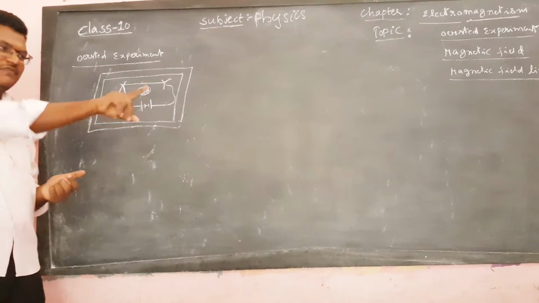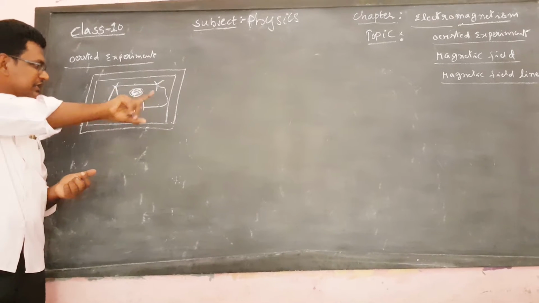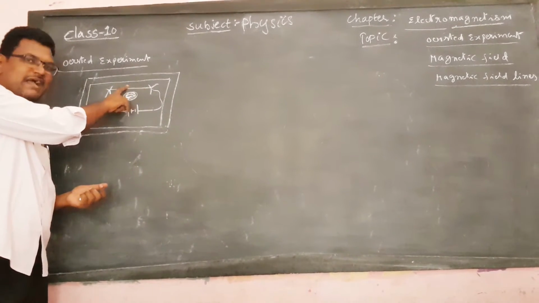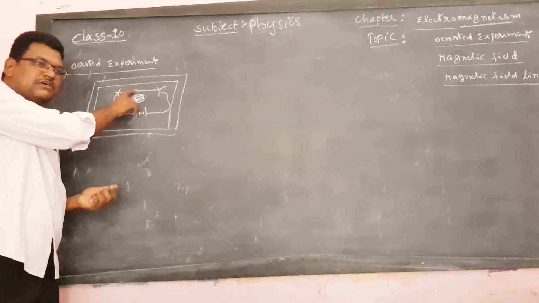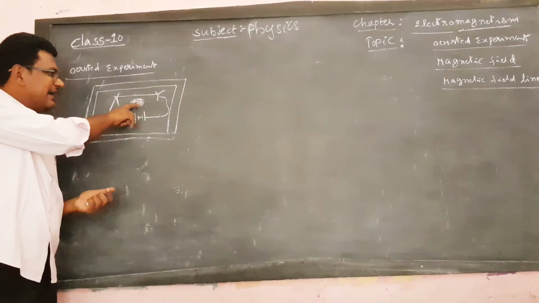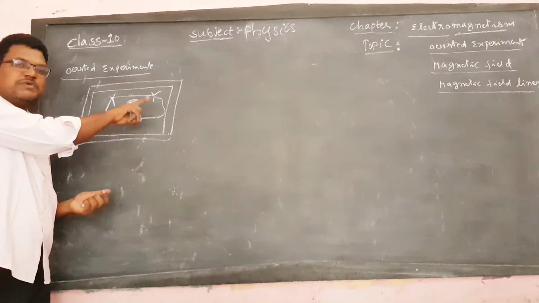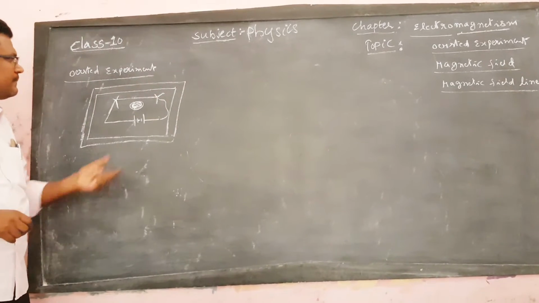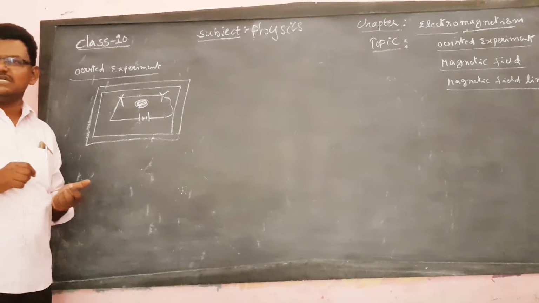The magnetic needle deflecting means the flow of current is producing a magnetic field, and that magnetic field exerts a magnetic force on the magnetic needle. Because of that, the needle is deflecting. So this is the Oersted experiment.